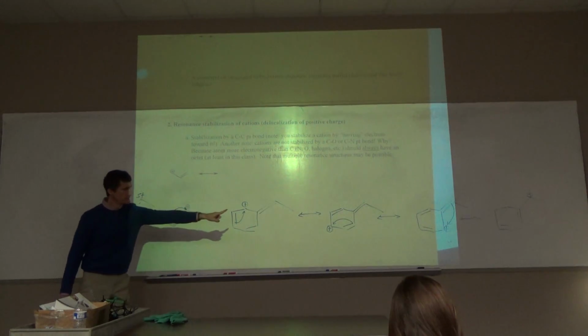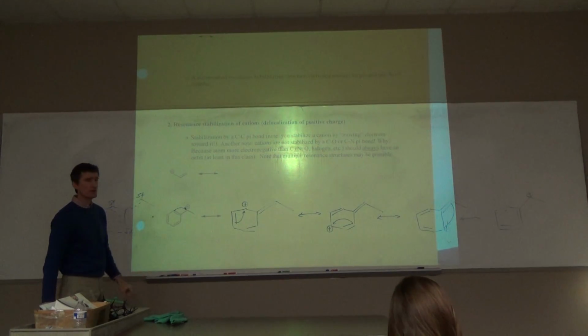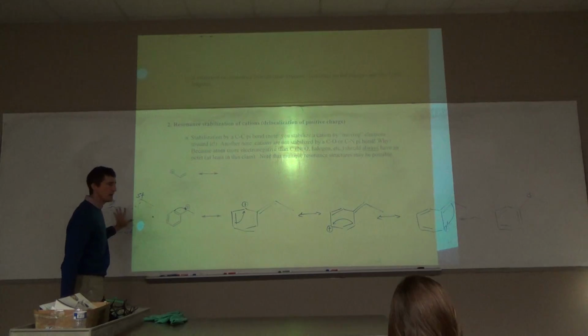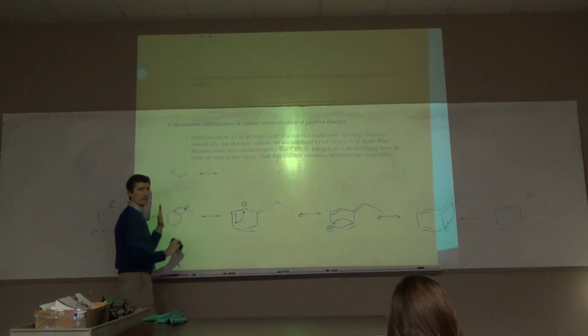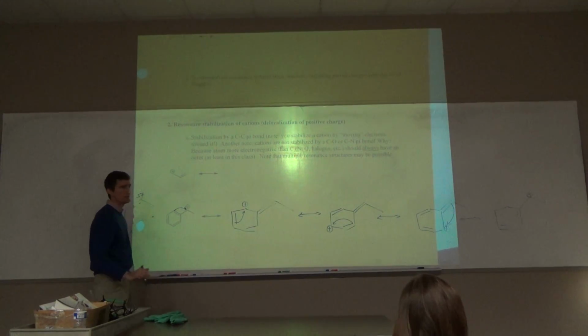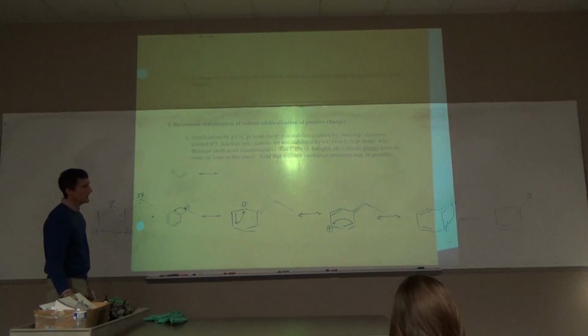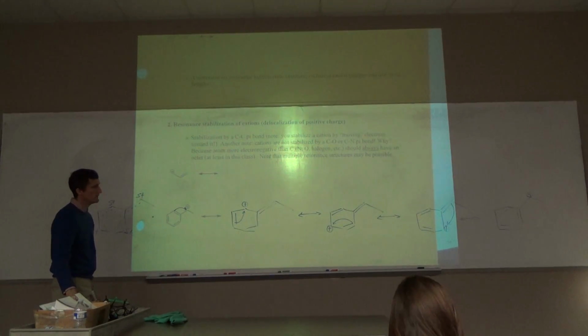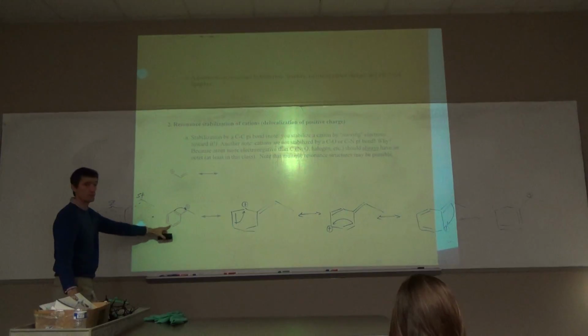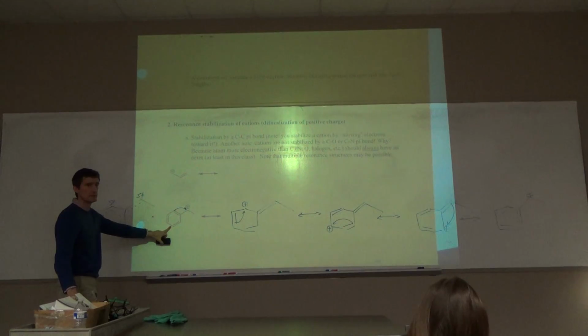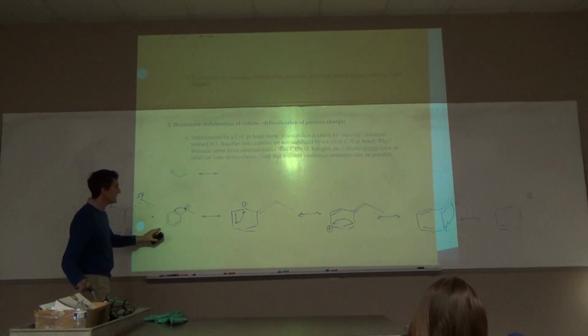Which resonance structure would you call major? This is a hybrid. But of the fake ones, which one do you like best? This one here? Why that one? Stabilizing the ring seems to be. Well, that's actually right.